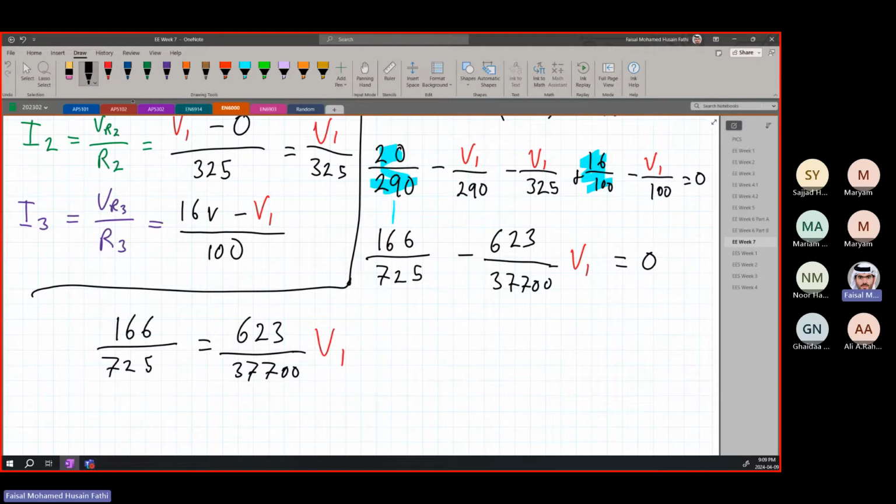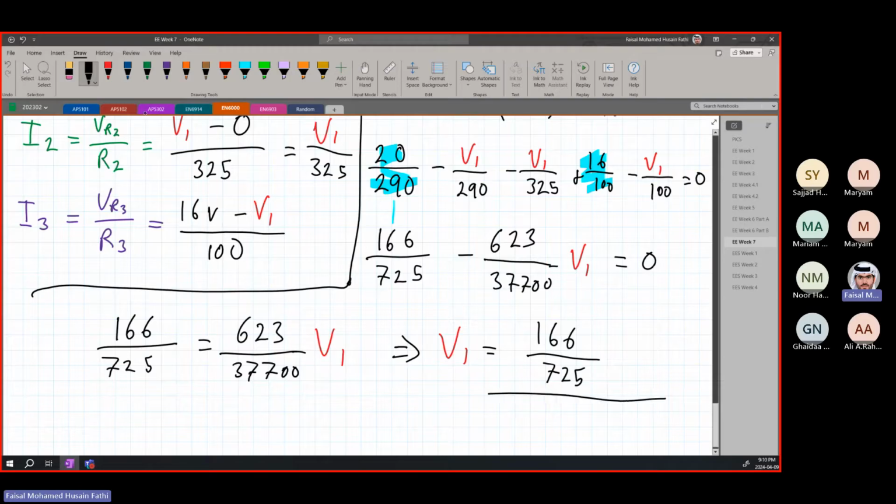So here V1 is going to be equal to 166 over 725, all divided by 623 over 3770.